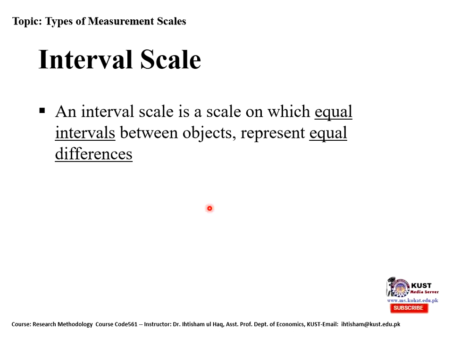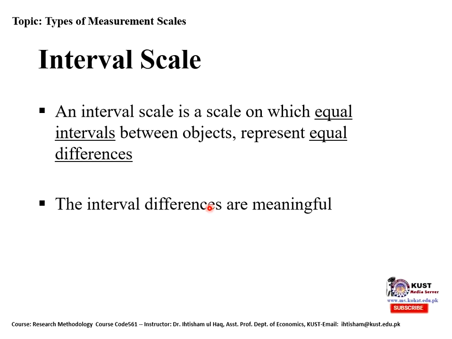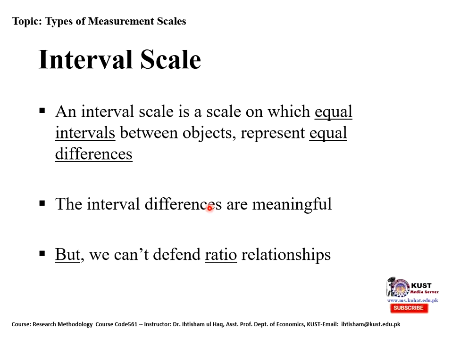Interval scale is a scale on which equal intervals between objects represent equal differences. The interval differences are meaningful, but we cannot define a ratio relationship, that is, we cannot compare an interval on this scale with another interval on the same scale.